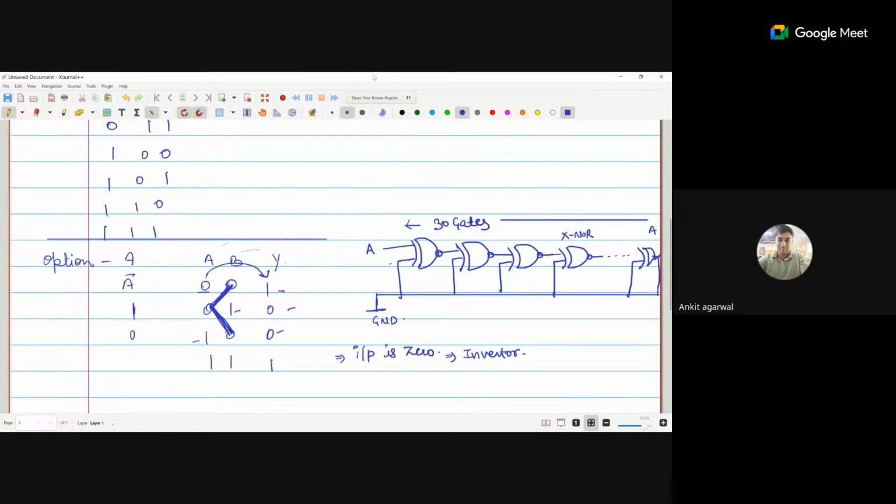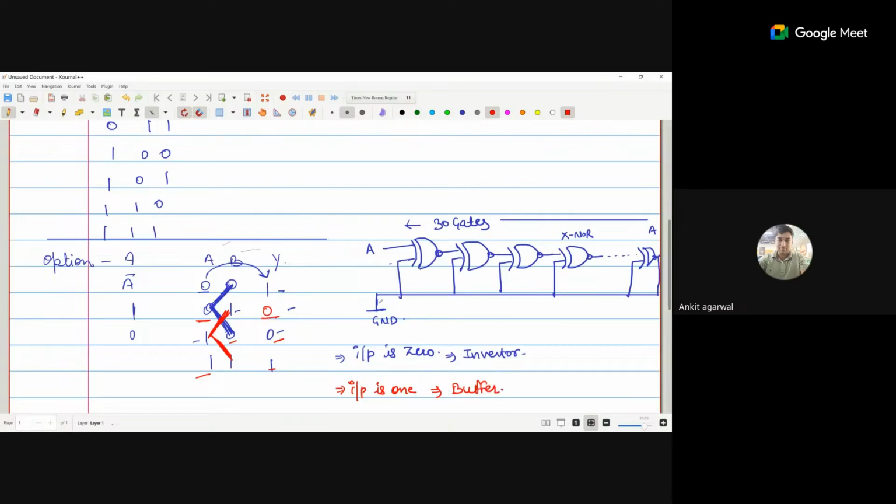Okay, similarly, if one input is 1, then the second input 0 is applied, we get 1, and 1 gives 0. That means if one input is 1, then it behaves as an inverter.